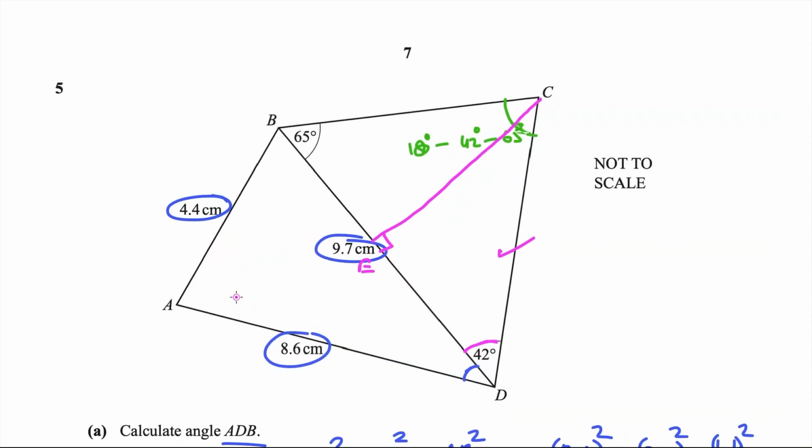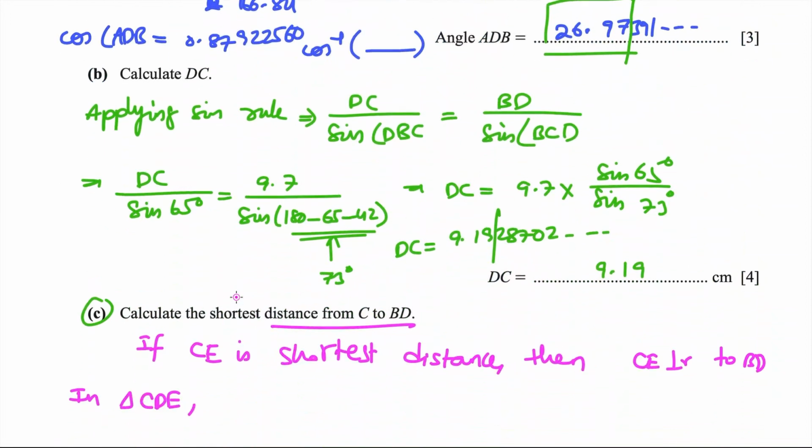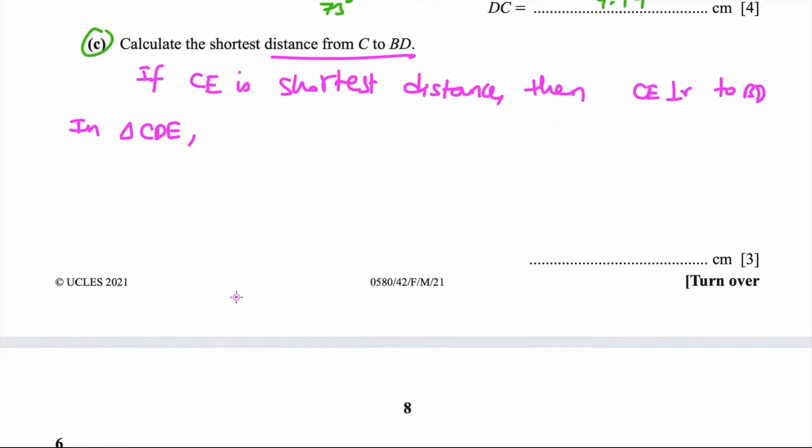So which side? Hypotenuse and opposite, which one will you use? Sine. So sine of angle CDE would be equal to the opposite side, which is CE, by the hypotenuse, which is CD.